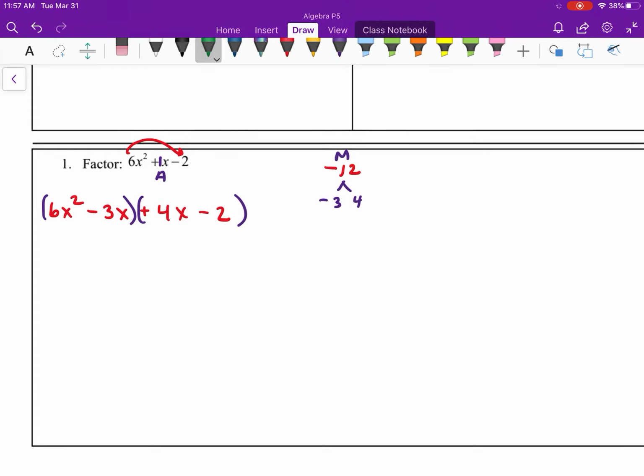Make your two groups, 1, 2, and look for something in common. And if you can't find anything in common, that means the GCF is 1. I didn't mention that yesterday, but sometimes that happens where you have a GCF, you can't find one, so it's just 1. In the first group here, 6x squared minus 3x, there is a GCF, though, of 3 and x.